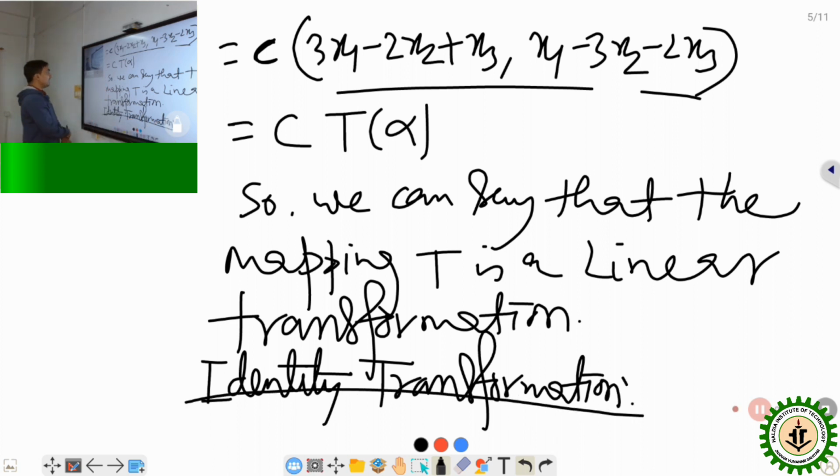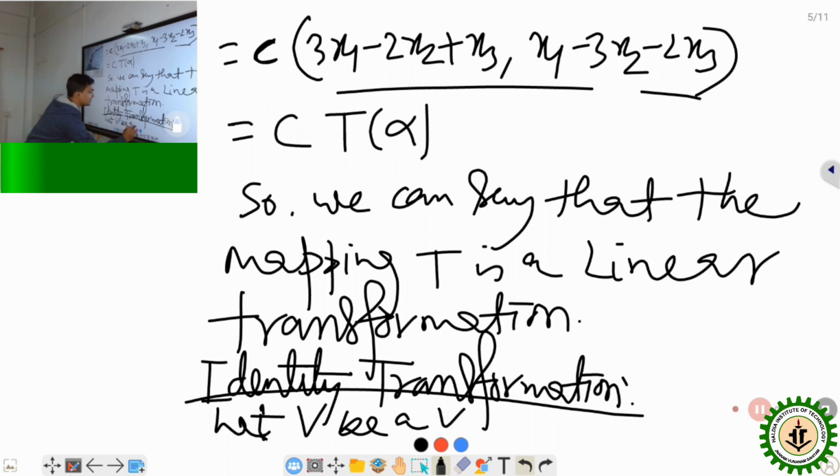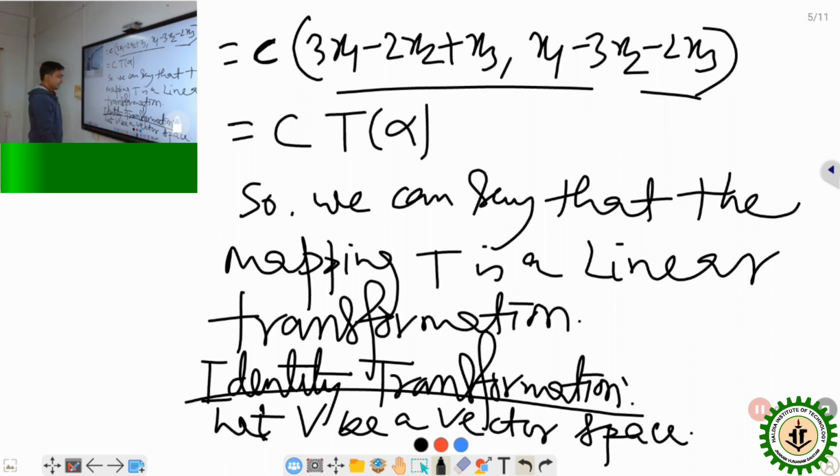Now what is this identity transformation? Let V be a vector space.